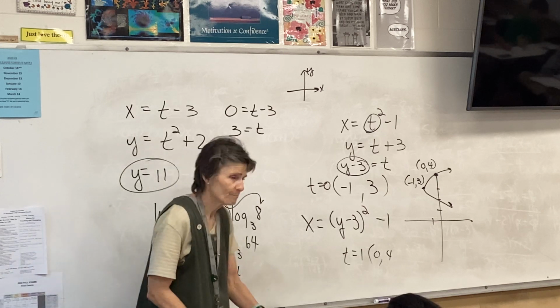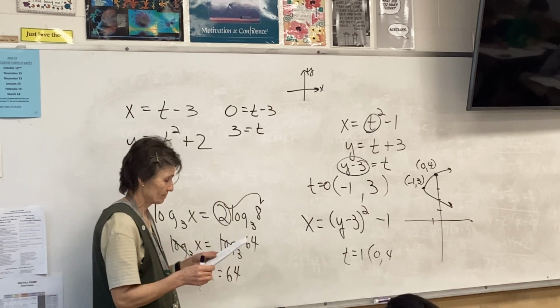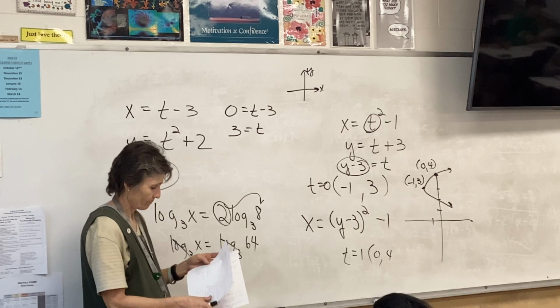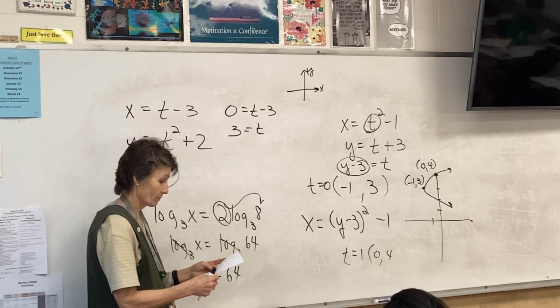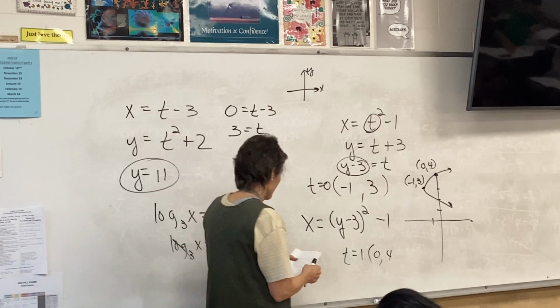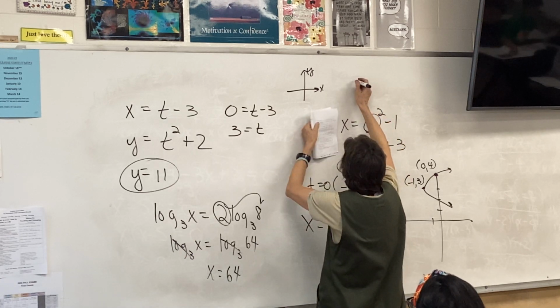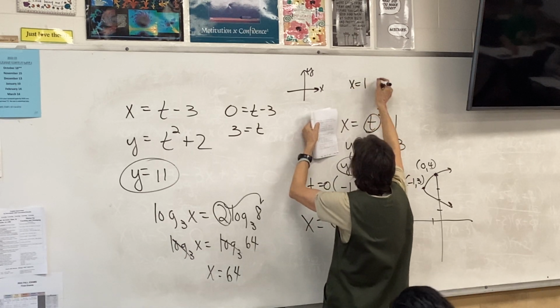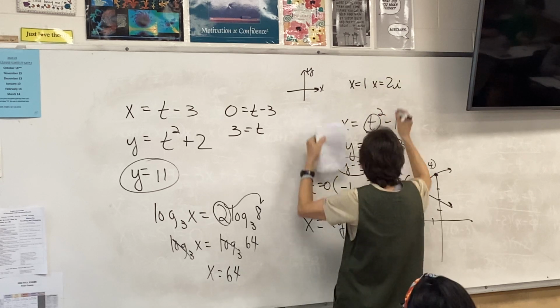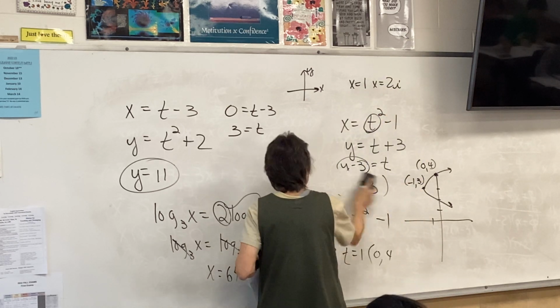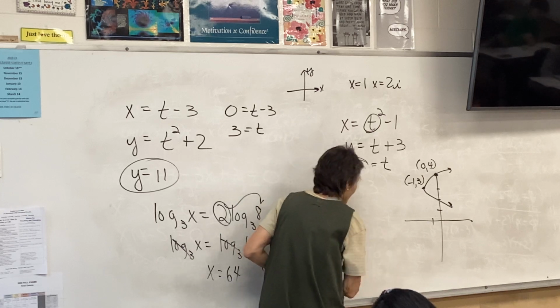All right, Karen? Could you do 14 on the bigger view? So we have some kind of polynomial out there, and we know that 1 and 2i are the roots or the x-intercepts.